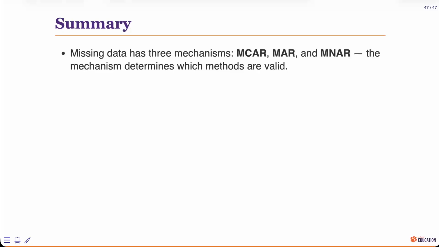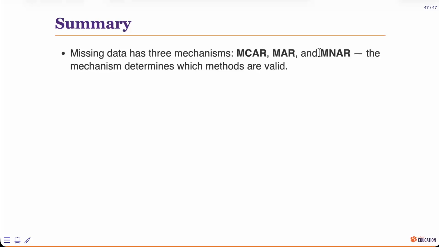Once again, there are three mechanisms that we widely recognize missing data fall under: missing completely at random, the coin flip; missing at random, meaning missingness is related to some of the data you've collected; and missing not at random, which is missingness due to things you didn't collect. And the mechanism determines which methods are valid.